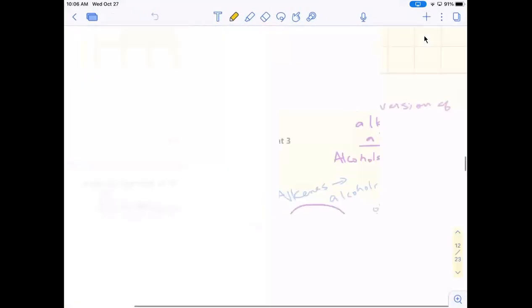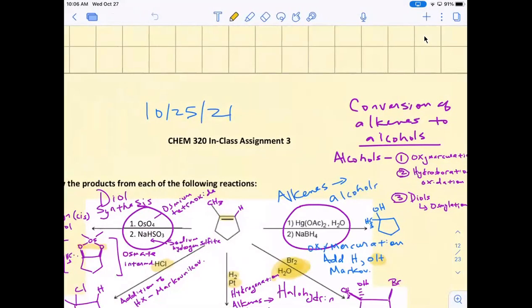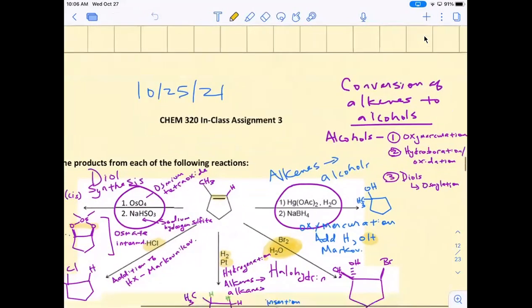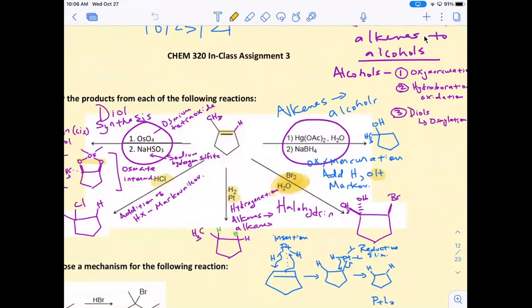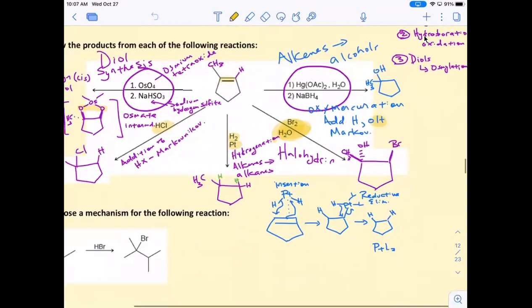All right, so I think we left off talking about oxymercuration, and we're going to talk about that and hydroboration together. So let's go down here to this example.